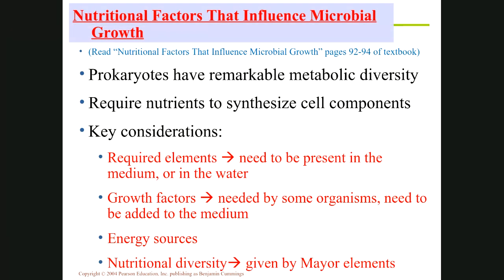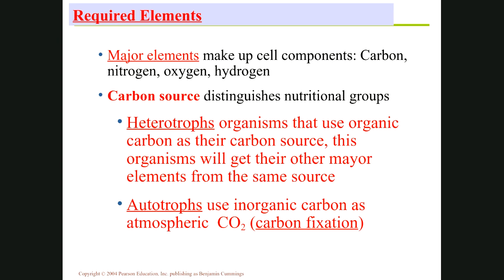Now, the last part of the chapter looks at other requirements for growth. And obviously carbon, being that we are organic living things that have to make organic compounds, carbon is an incredibly important element that we need to attain somehow.